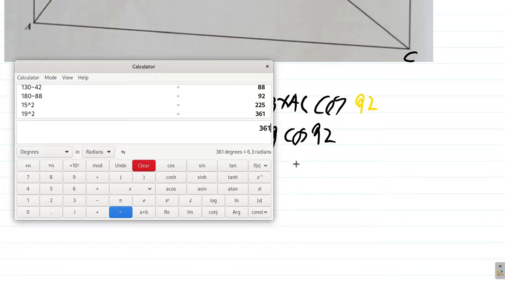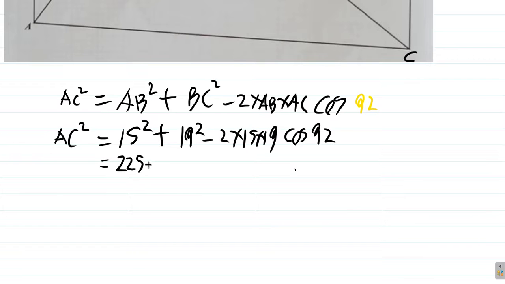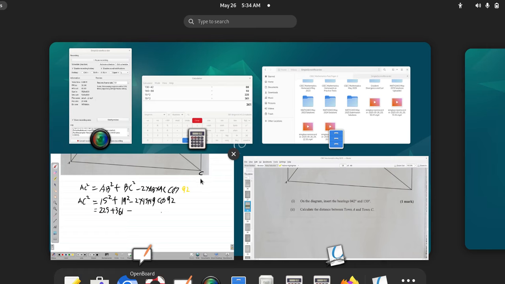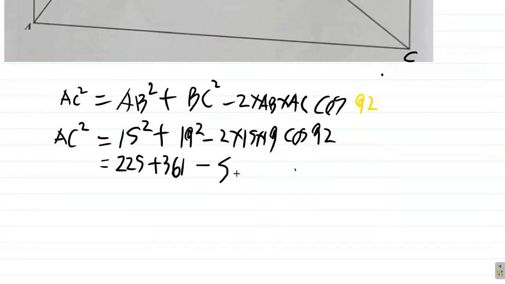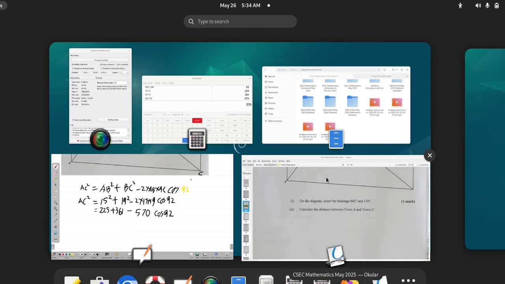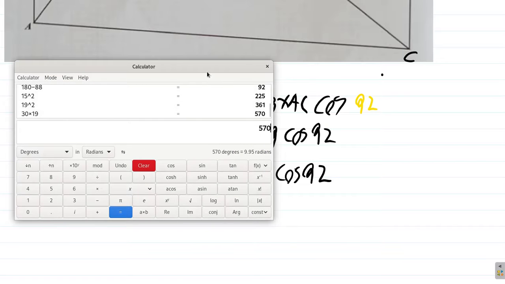So it's 225 plus 361 minus 2 by 15 by 19. 15 times 2 is 30. 30 by 19 gives us 570 times cos 92.